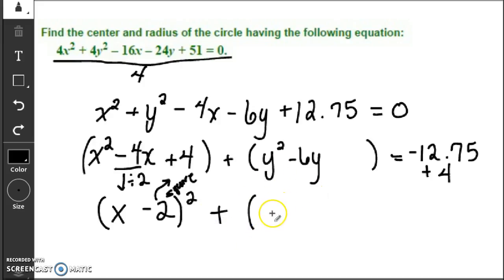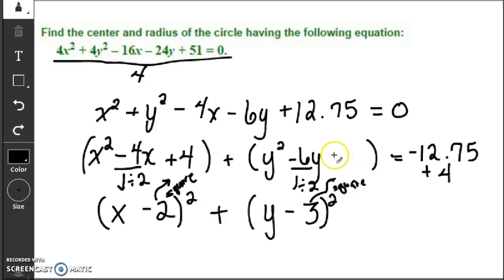Over here with the y's, again we're going to take the middle term here, divide by 2. I'm going to get a negative 3. Then I'm going to square it. Negative 3 squared is a positive 9.